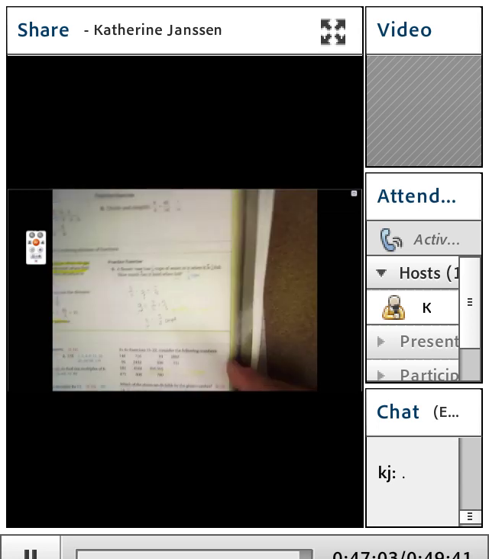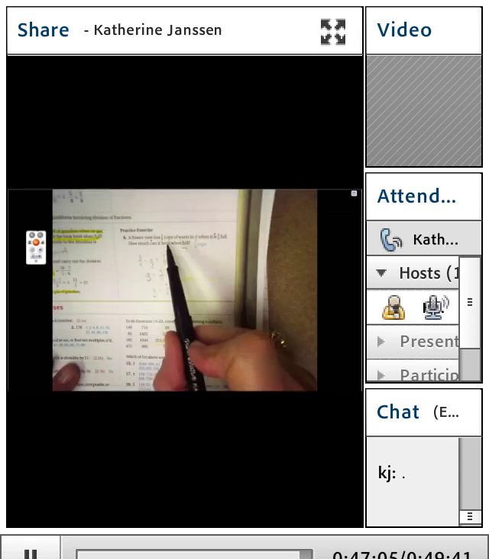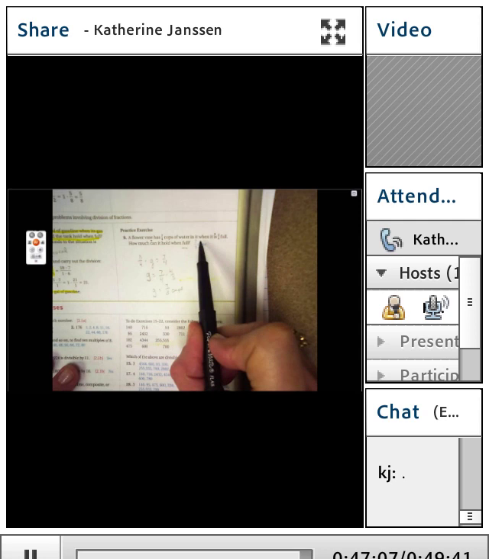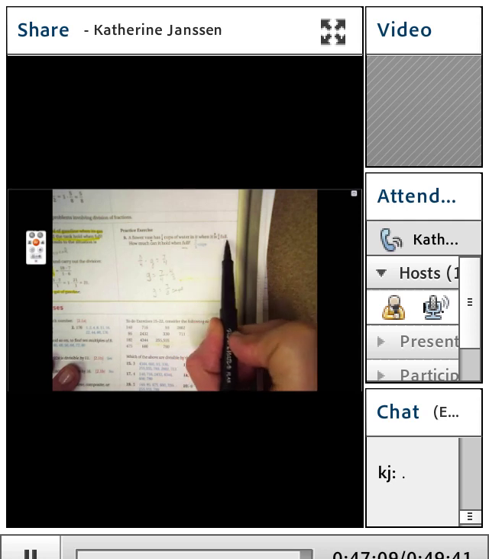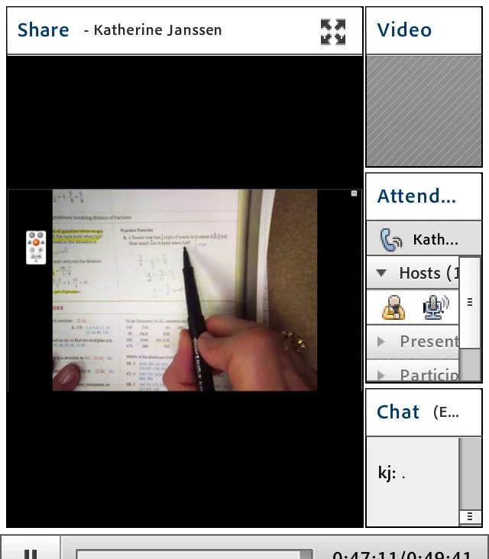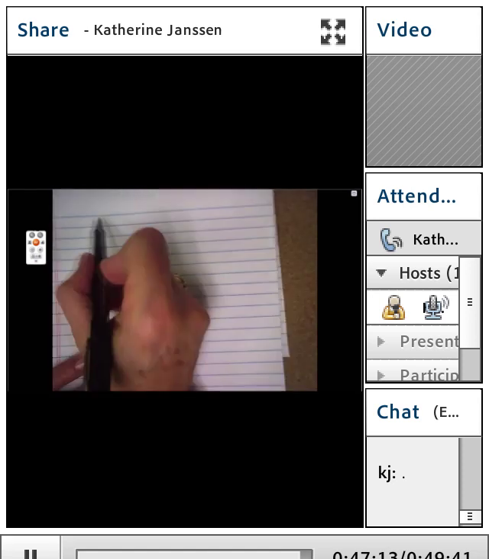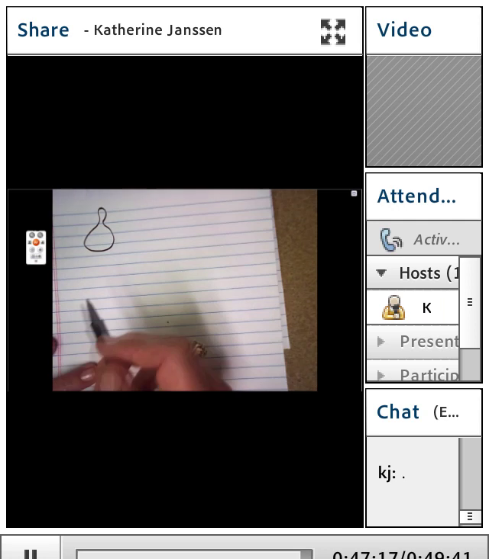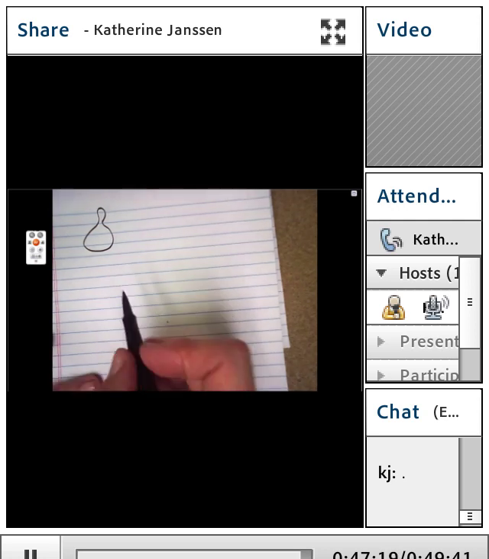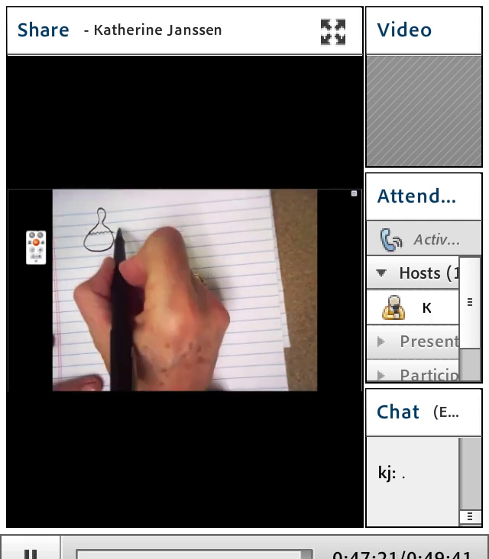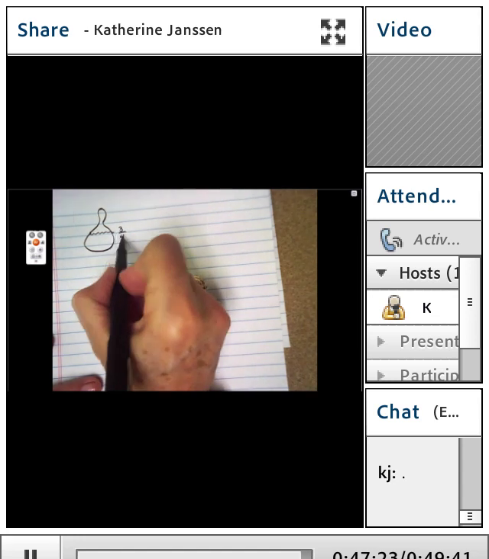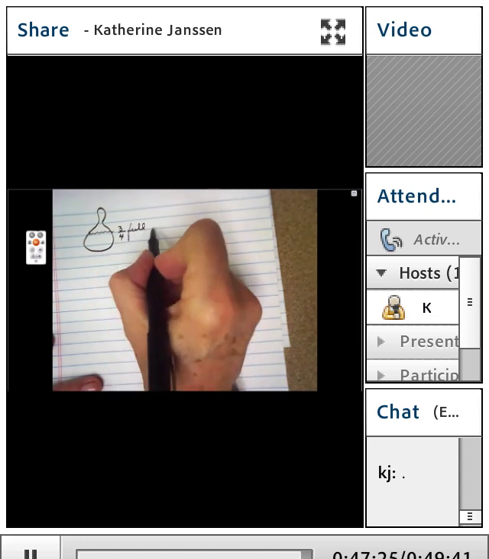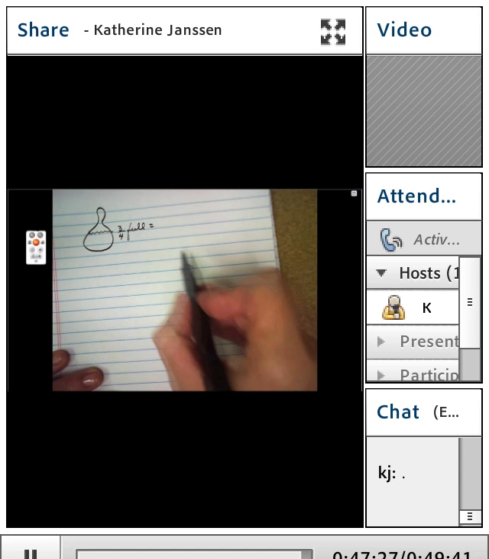A flower vase has 7/4 cups of water in it when it is 3/4 full. How much can it hold when it's full? So our flower vase is 3/4 full, which is equal to 7/4 cups.